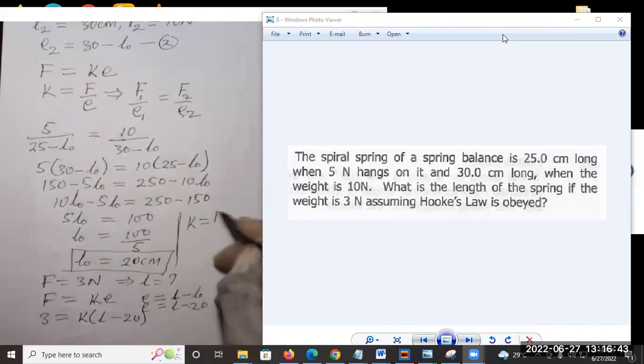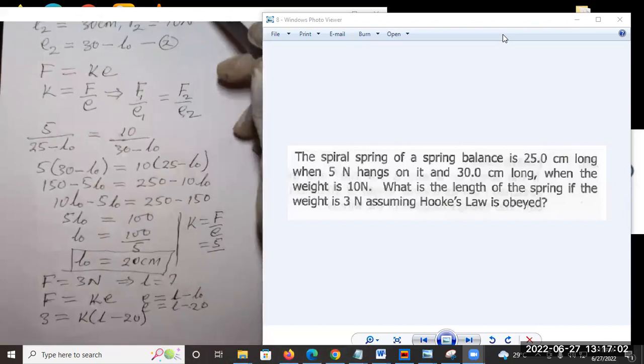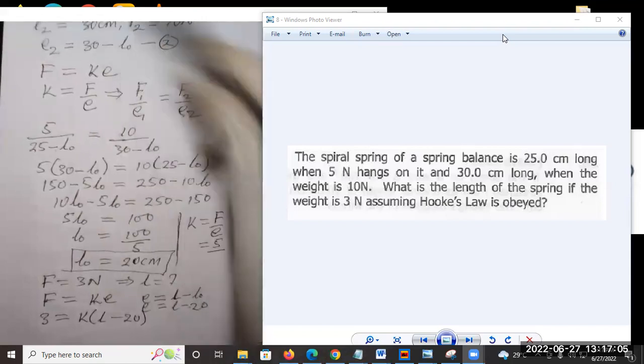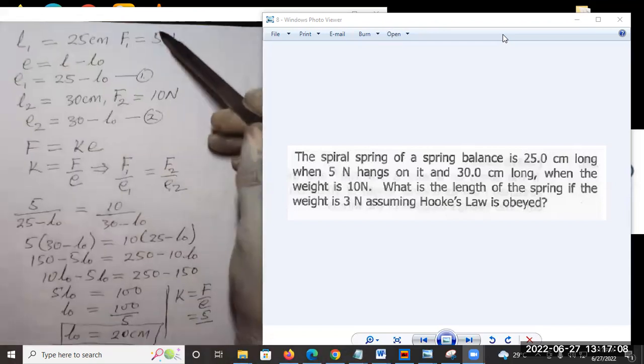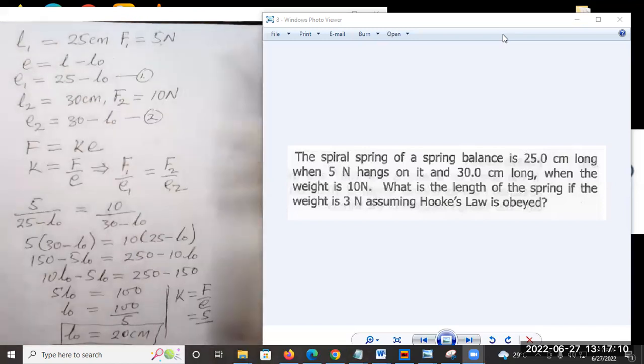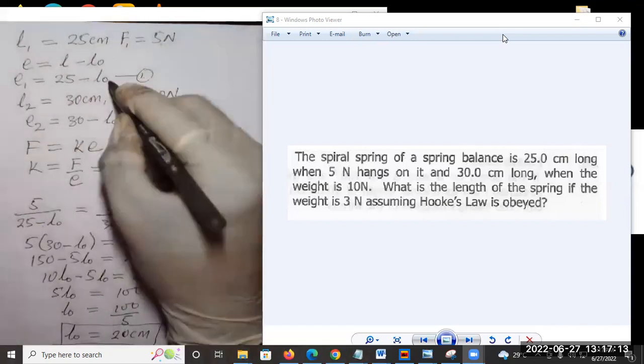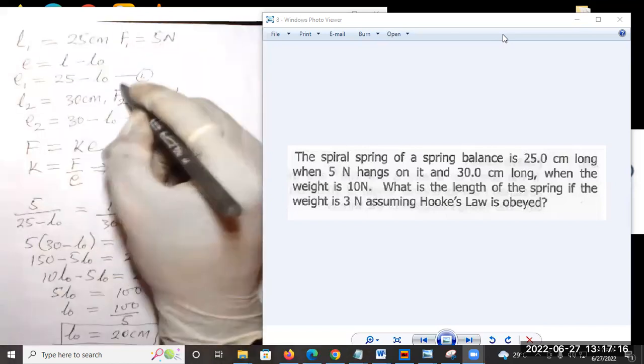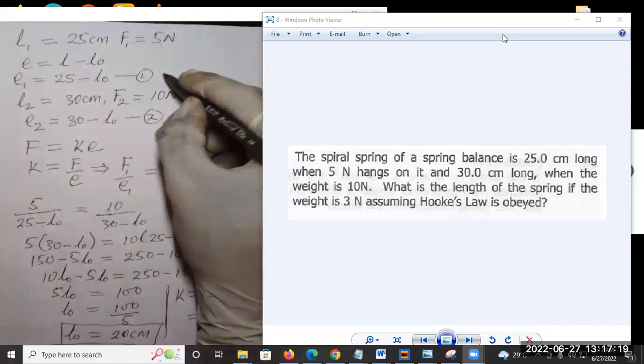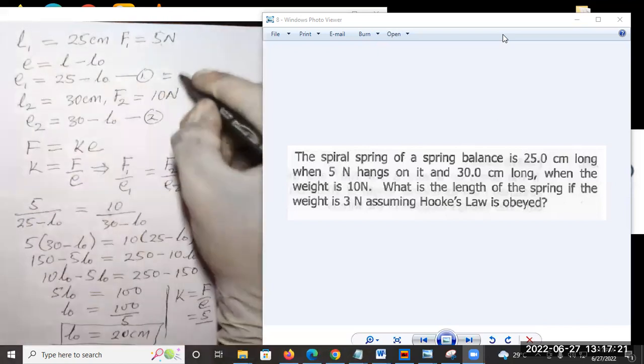K is F over E. If we pick the force of 5 Newton, its extension is 25 minus 20, which gives us 5 cm.